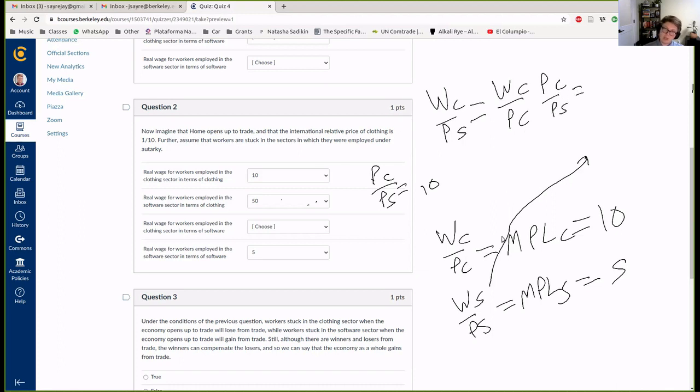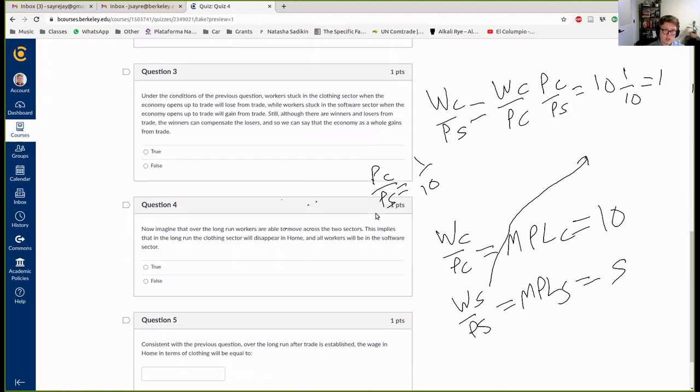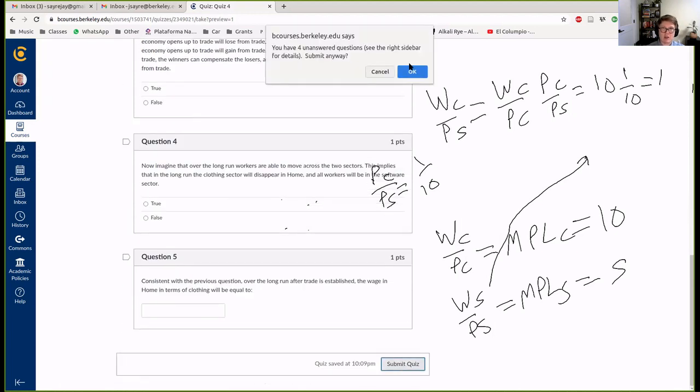Then WC over PC is 10 and PC over PS is 1/10. And so that's going to give us 1. And so the real wage for workers is going to be equal to 10. And let me double check that I got that right.